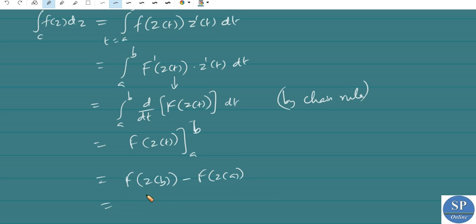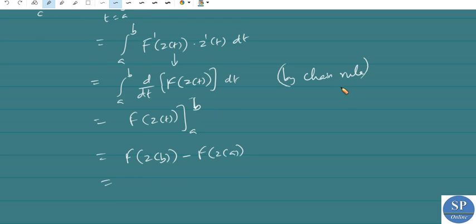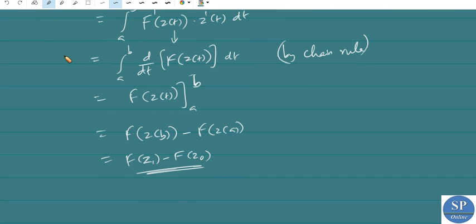But we know that z of b is z1, the terminal point, and z of a is z0. So we have f of z1 minus f of z0. So the integral over C of f prime of z dz is nothing but f of z1 minus f of z0. That is the fundamental theorem for contour integrals.